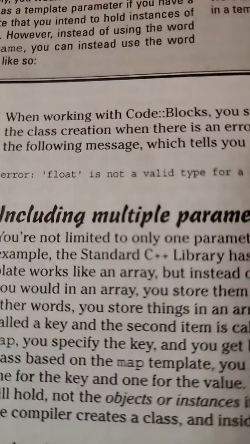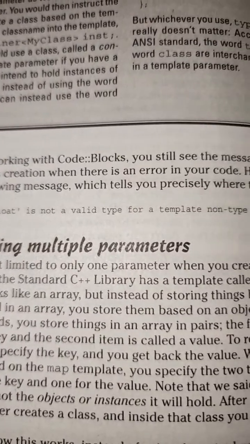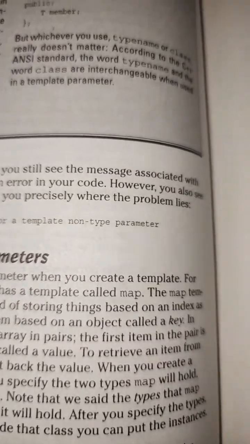Continuing on from the last page. When working with Code::Blocks, you still see the messages associated with the class creation when there is an error in your code. However, you also see the following message, which tells you precisely where the problem lies. Error: float is not a valid type for a template non-type parameter.